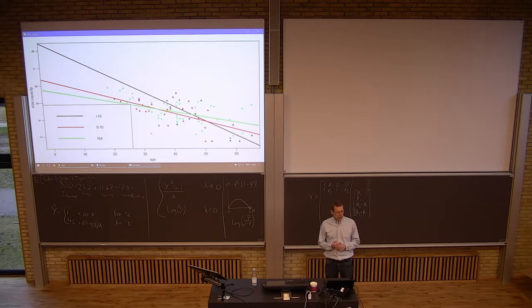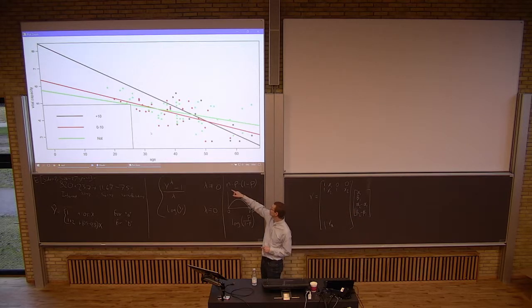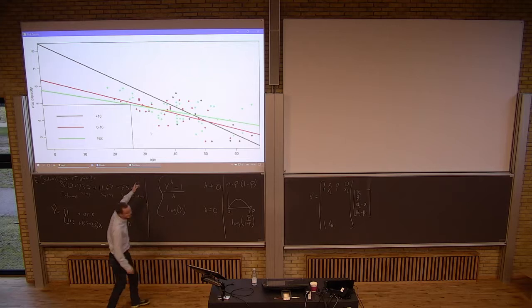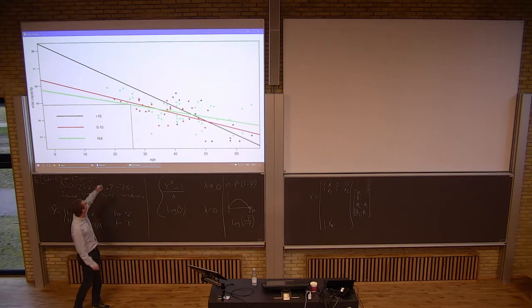So what we see here is that the black line represents those that were there for 10 plus years. Now I'm cheating a little bit.